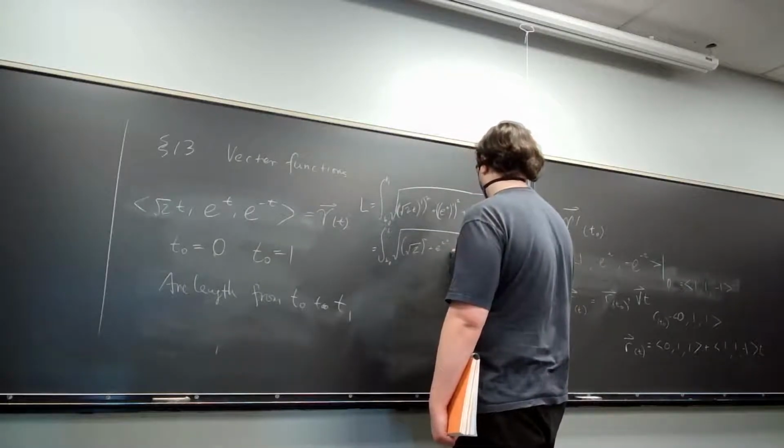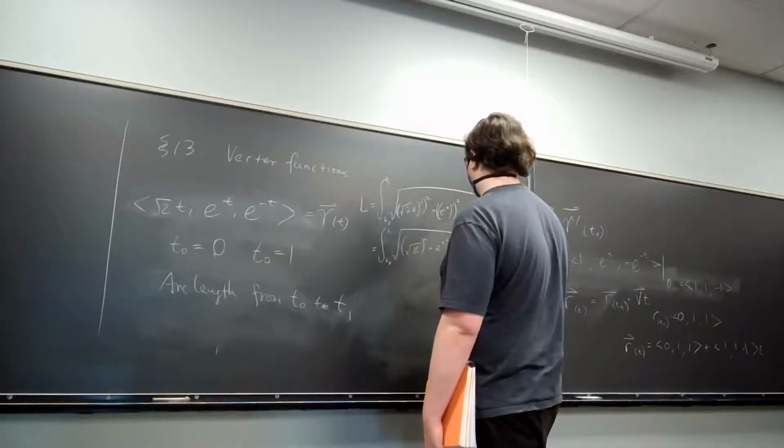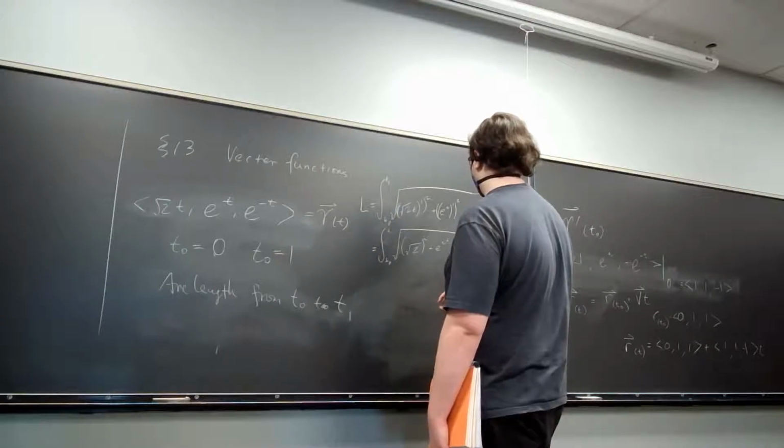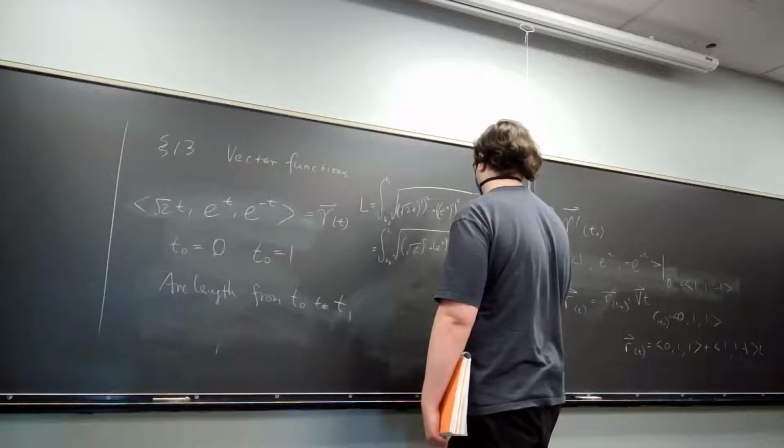You should be careful when you write that down. It looks like it's e to the t squared, but it is not. It is e to the t, then squared. Right. Okay.